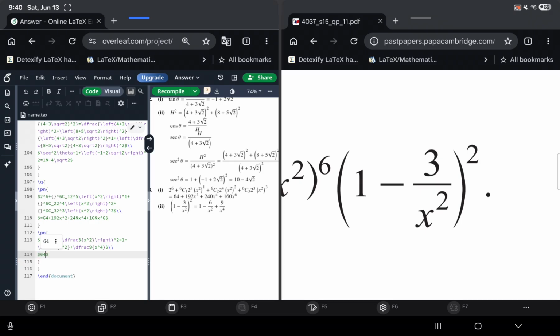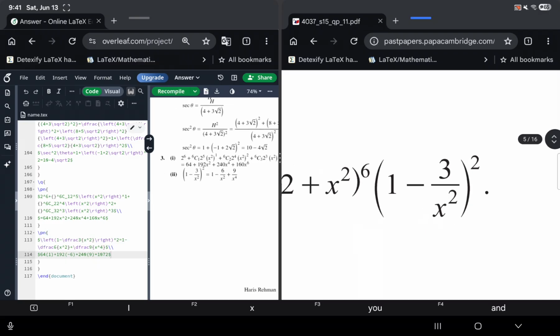So it will be 64 times 1 plus 192 times negative 6 plus 240 times 9 is equal to a value, and this is quote appropriate. 64 plus 192 times negative 6 plus 240 times 9 is equal to 1072. That is the value of the independent term.